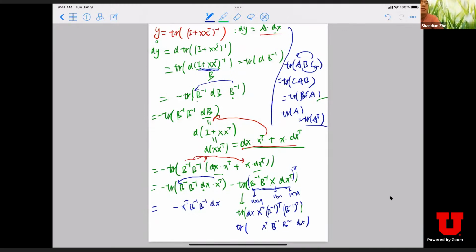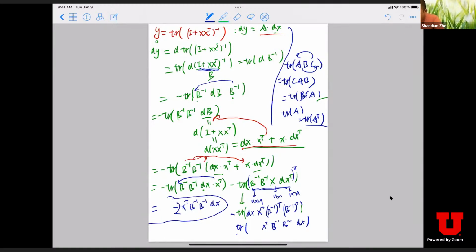So now what can we observe? It's the same as the first term, right? So we can get rid of the trace. Remember, there's the minus here. So actually, this term and this term are the same, so we can just multiply by a factor of 2, right? So now we got our derivative, right?